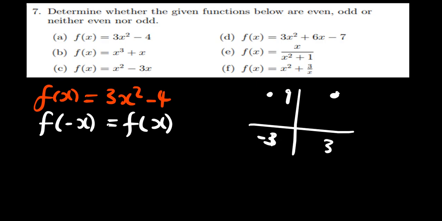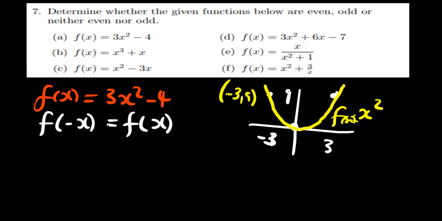Then 0, 0 is here, and if I join these points, it looks like that. So the graph of an even function is just f of x equals x squared, because this is a quadratic. At this point it is -3, 9, and on the other side it is 3, 9 still.